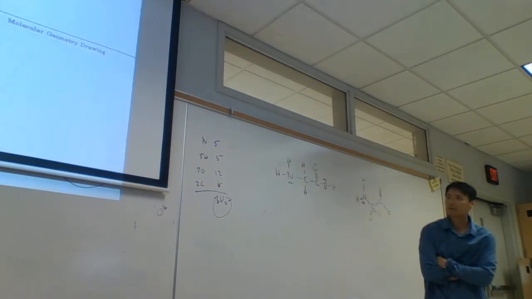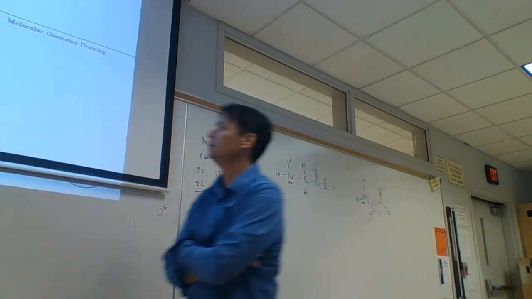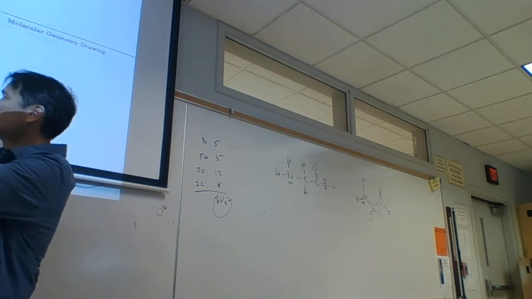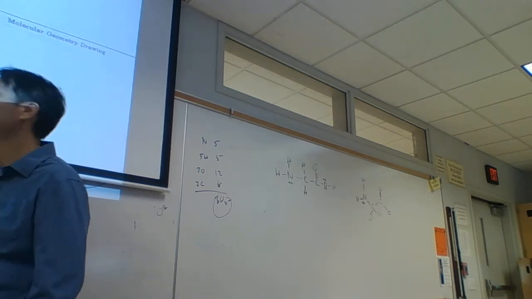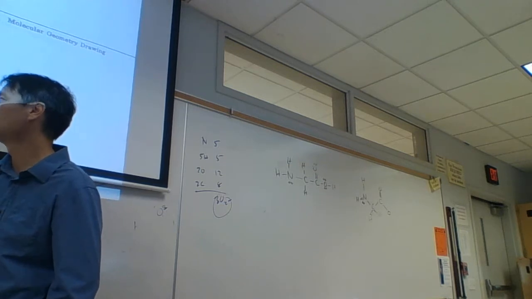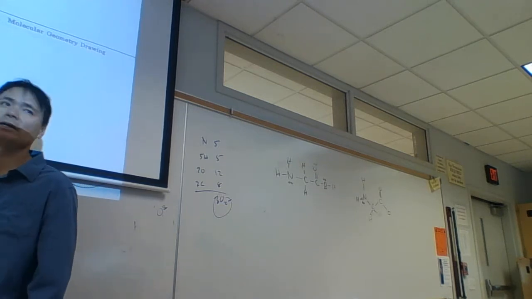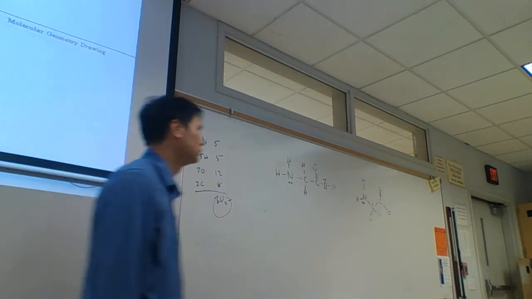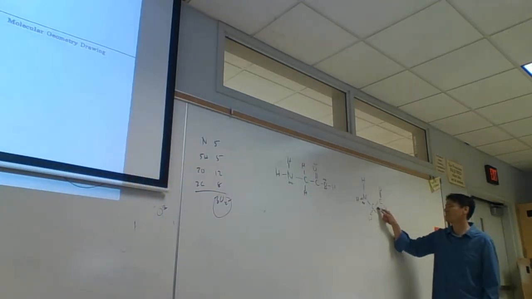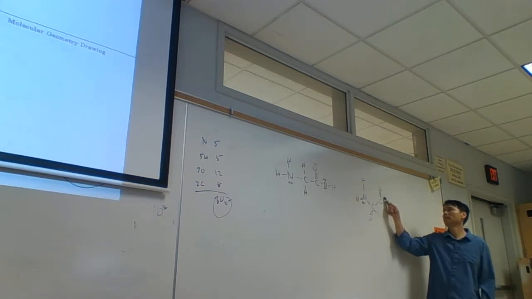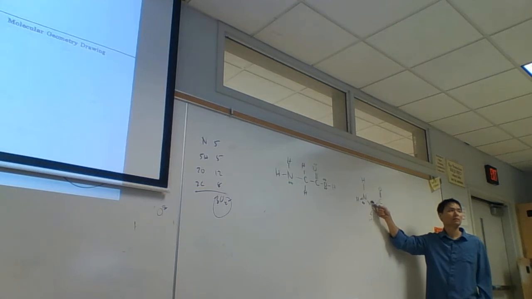All right, so where are we at now? We have the set geometry, trigonal planar. What's the ideal angle here? 120. What is the molecular geometry? The set geometry is trigonal planar, but does the atom geometry match?